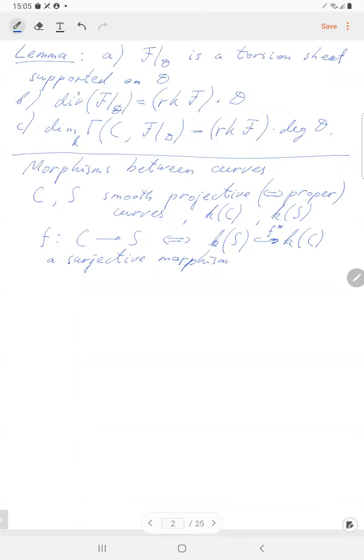Yes, so certainly there are morphisms that go just to a point, but these are not very interesting, and we will consider more interesting surjective morphisms, and we'll prove the following claim that I already formulated a week ago. First of all, F is a finite morphism.